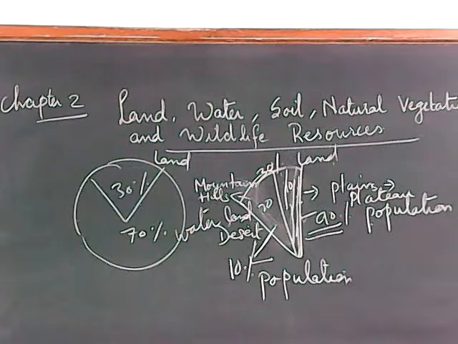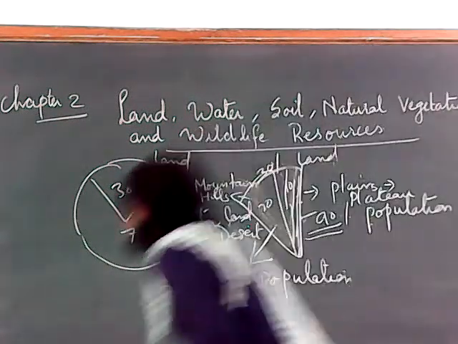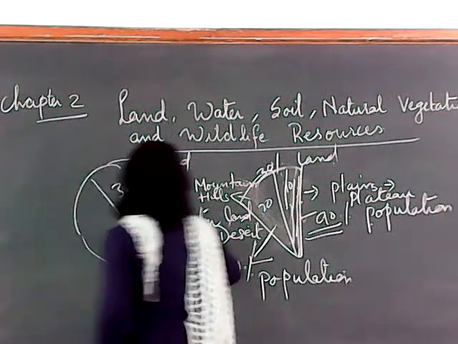Then tell me which type of topography, type of land, is sparsely populated or inhabited, where there is very less population. Give some example. In which areas will people not live? Yes.